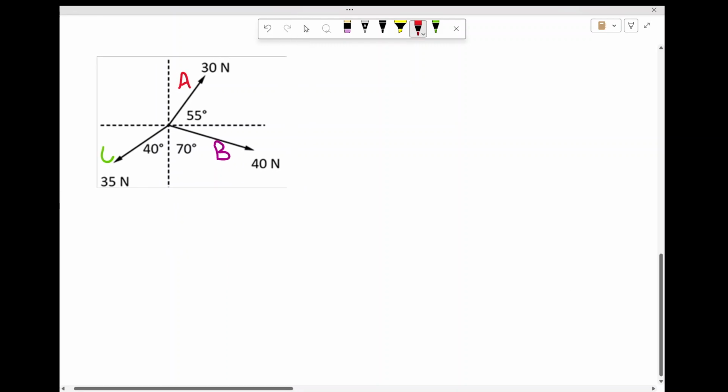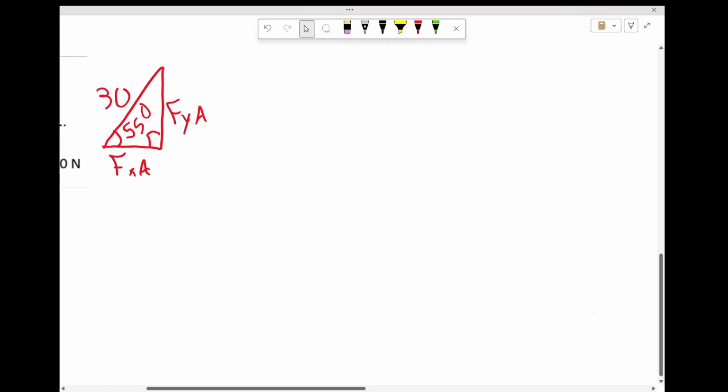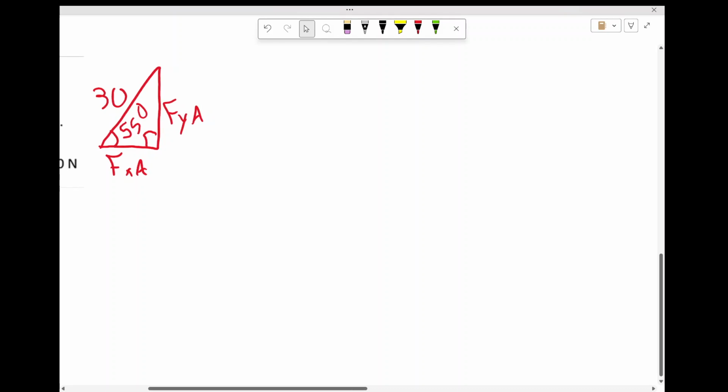Let's do A first. So A, we're going to have the triangle like this. A is 30 at 55 degrees, and this would be FxA, and this would be FyA. To get our two components, we're going to do cosine for FxA. So cosine of theta is adjacent over hypotenuse.